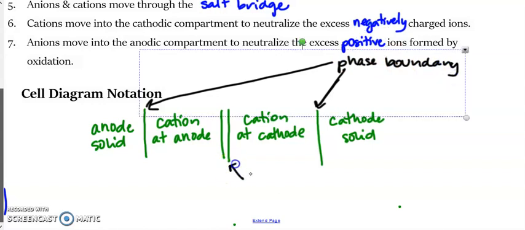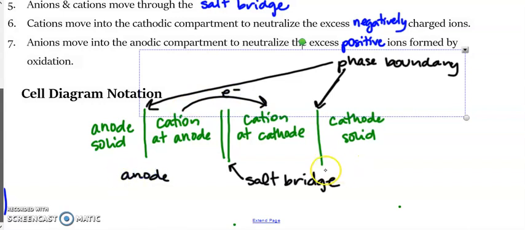And the double line in the middle is representing your salt bridge. Electrons are flowing this way, right? So we're always doing anode to cathode. So anode's always over here, cathode's always over here.